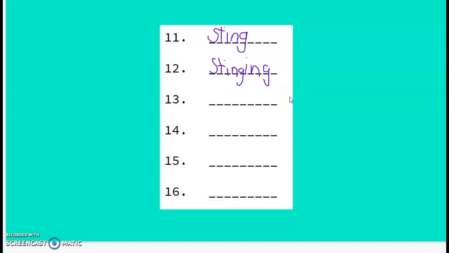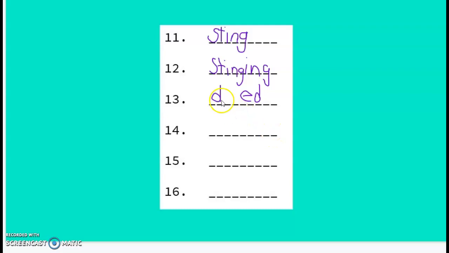Number 13. D. Right. We know it's D, and now we can add ed, because our ed suffix sounds like d sometimes. Number 14. Helped. Do you hear that D on the end?